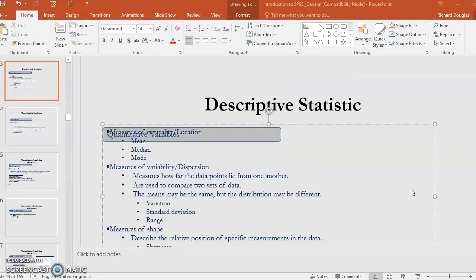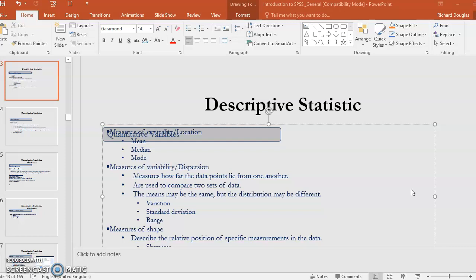We can as well be interested in looking at the shape of the distribution, which could be normal. A normal distribution normally has a bell shape. Sometimes it could be skewed. We're talking in terms of skewness now. If the tail is pointing to the right, we say it's positively skewed, and if the tail is pointing to the left, it's negatively skewed.